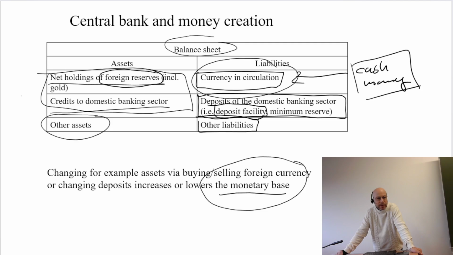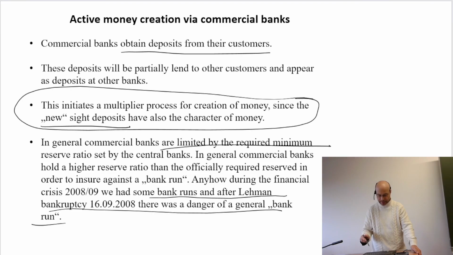And also we talked about that if you have a bank account with longer maturities than overnight, then we talk about money, with maturities of bank accounts roughly up to 2 years. So many things of the money creation process therefore come from the private banks, and this is the so-called active money creation.